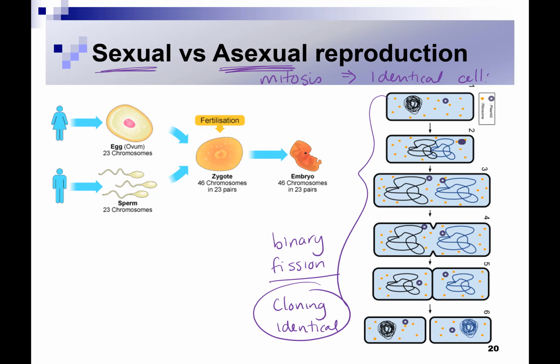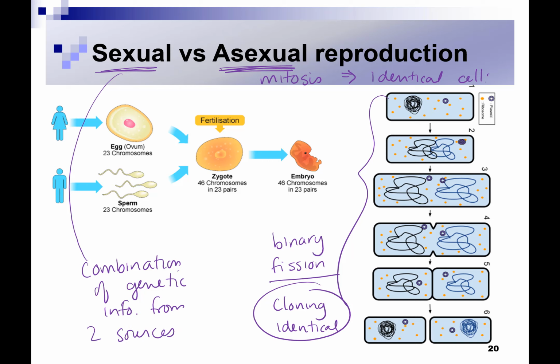This is compared to sexual reproduction, where this is a combination of genetic information from two sources. And what you're making is something genetically unique.